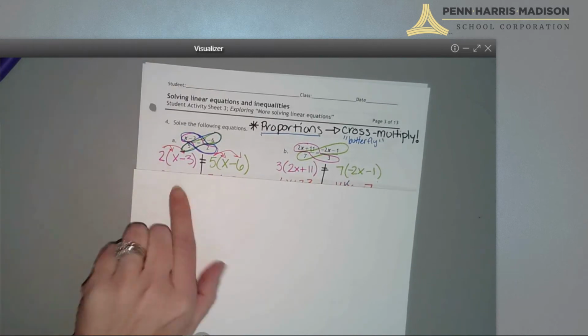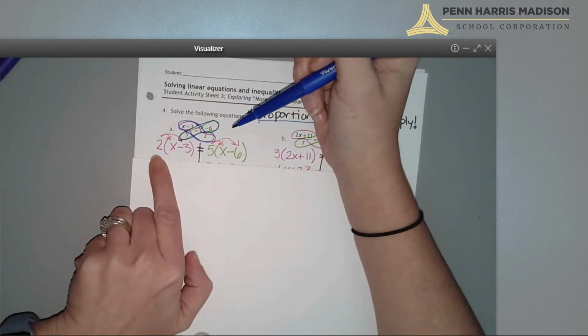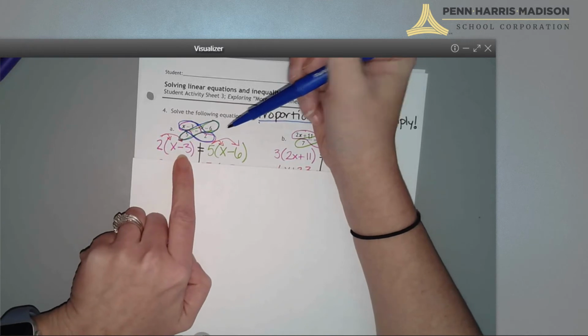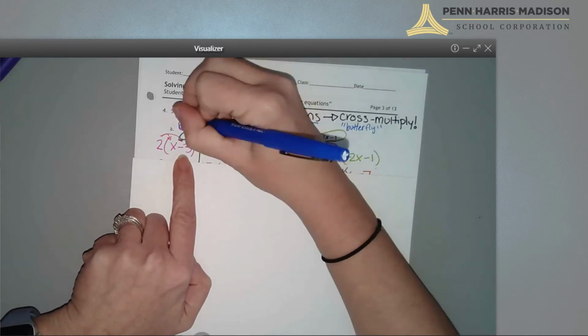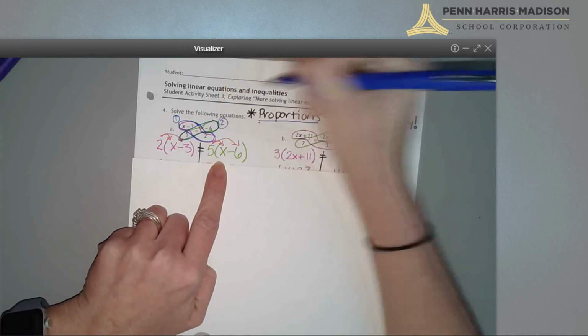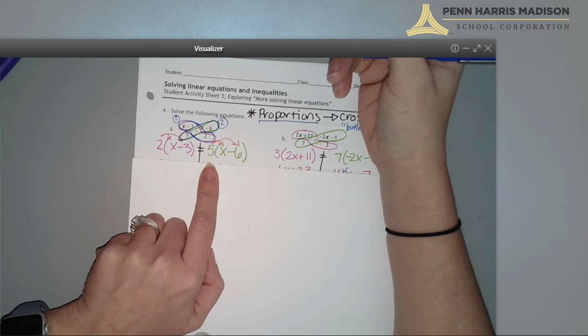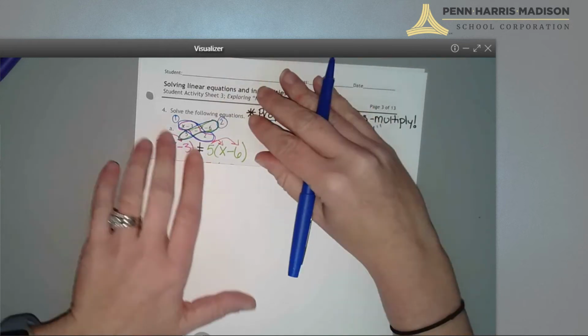And what I get there, guys, is I haven't multiplied at all. I've just written out what I'm doing. I'm doing 2 times (x minus 3). That's my first diagonal. And then 5 times (x minus 6). That was my second diagonal. This is just like what we did before now, okay? We have to distribute.